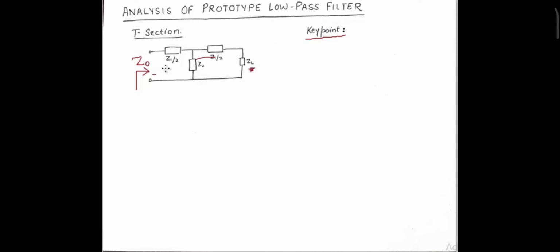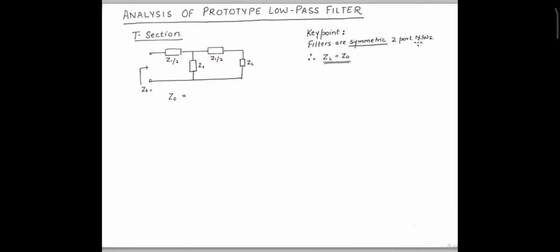So in order to make this device symmetrical in entirety, the characteristic impedance would come out to be equivalent to the load impedance. So that's the key point here. So filters are symmetric two-port networks, and therefore ZL must be equivalent to Z0, and Z0 is something that we are striving to find out.